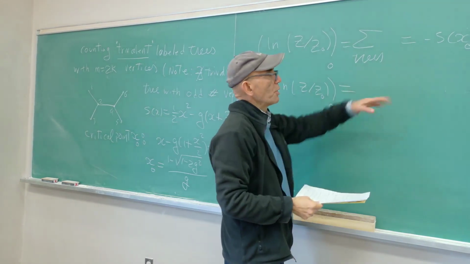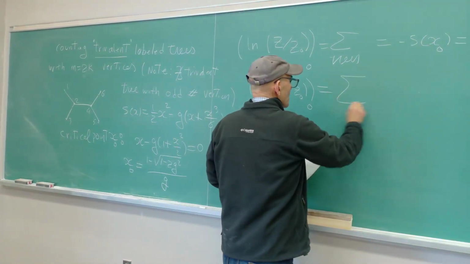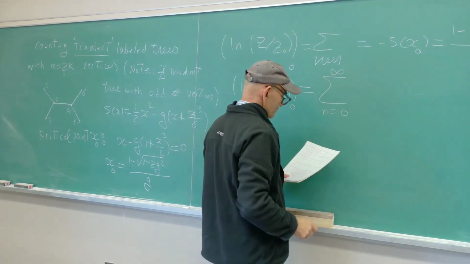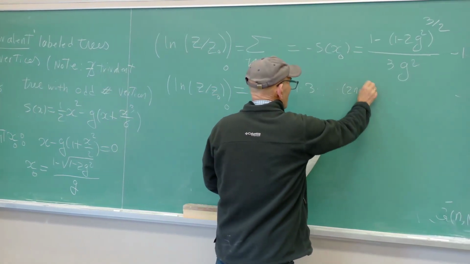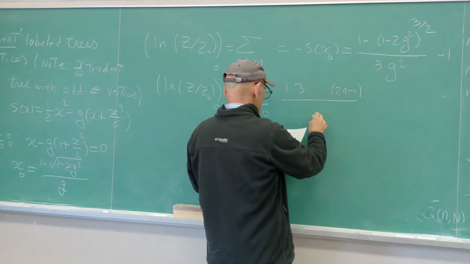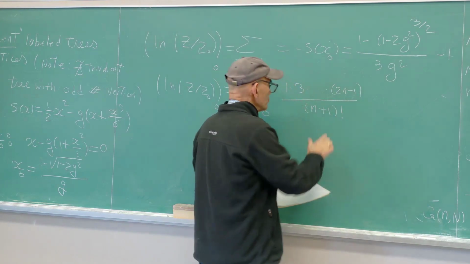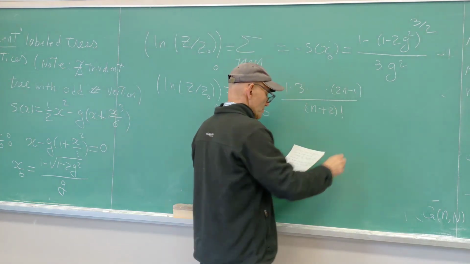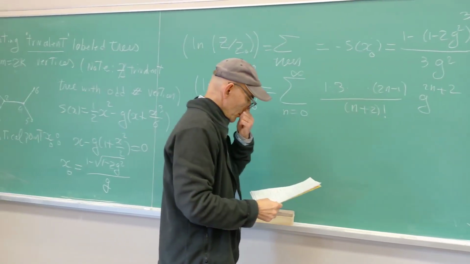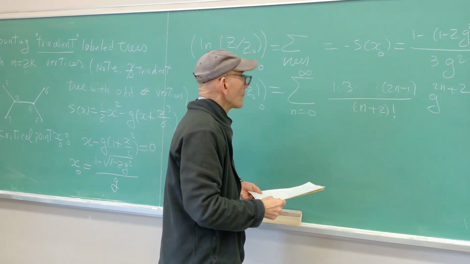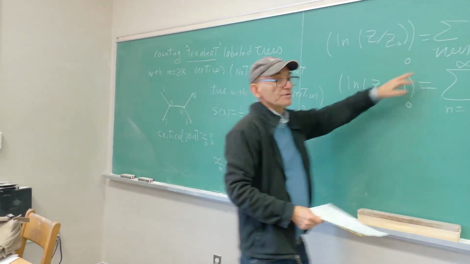If you do the Taylor expansion using Newton's binomial theorem, that gives us the sum from n equal to 0 to infinity of 1 times 3 times up to 2n minus 1, over n plus 1 factorial, or could be 2 factorial, actually, times g to the power 2n plus 2.